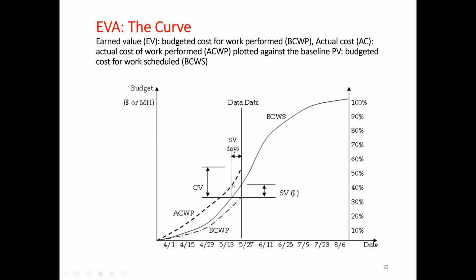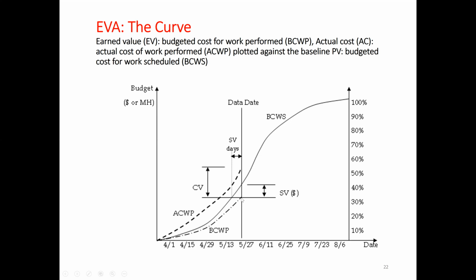The difference of EV minus AC is cost variance, and we got a negative value, so we are over budget. Similarly, PV is here at 55,000 and EV is 49,000.